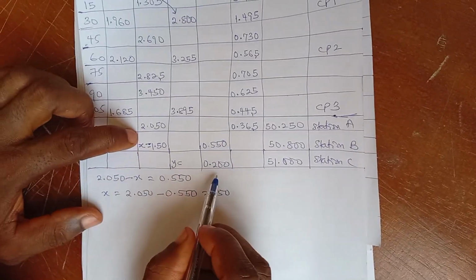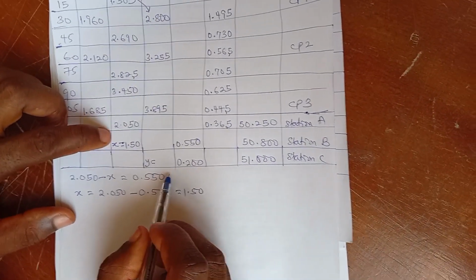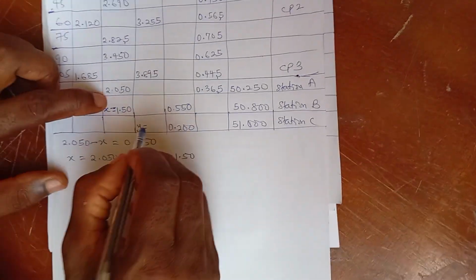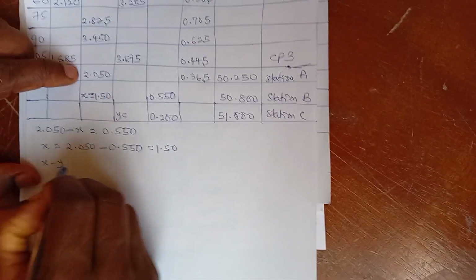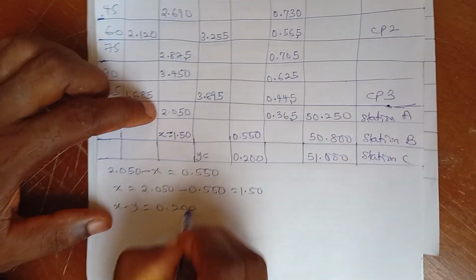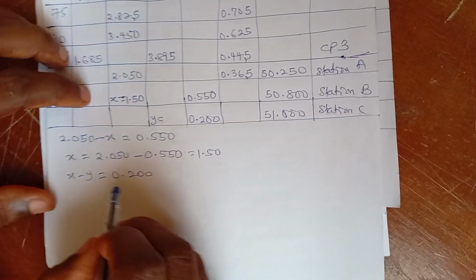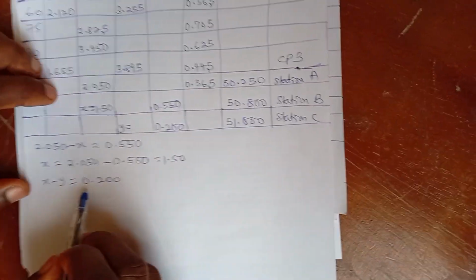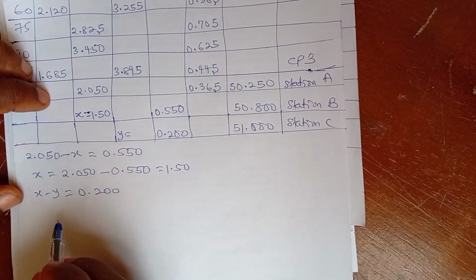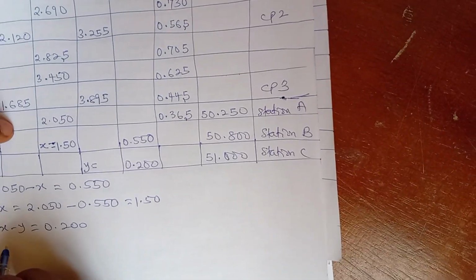To get the staff reading at station C now, X minus Y will give us 0.2. The reason I didn't put the sign is because it's positive. Assuming it's negative, obviously, I'm going to put the negative value. But I know the value of X is what I'm looking for.